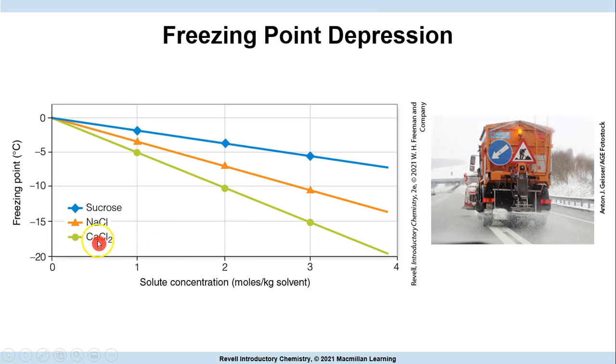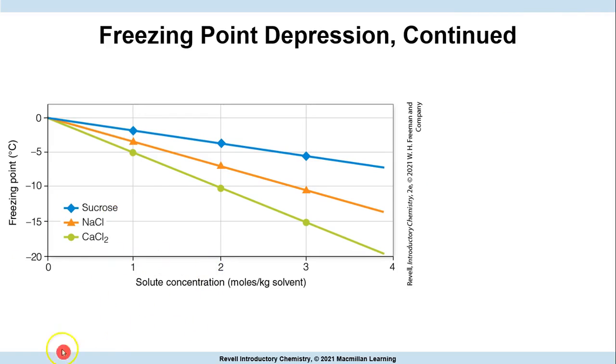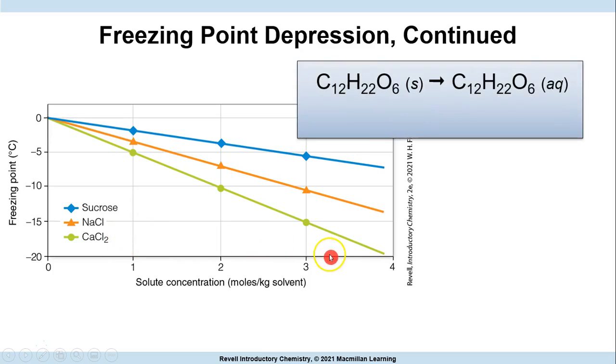So calcium chloride is going to have 3 ions, sodium chloride is going to have 2. Here sucrose is a molecular compound and it does not dissociate, so it's just going to be 1 mole. Sodium chloride is going to be 2 moles, and calcium chloride is going to be 3 moles. So we see that for the sucrose, it gives us just 1 mole because it doesn't dissociate.